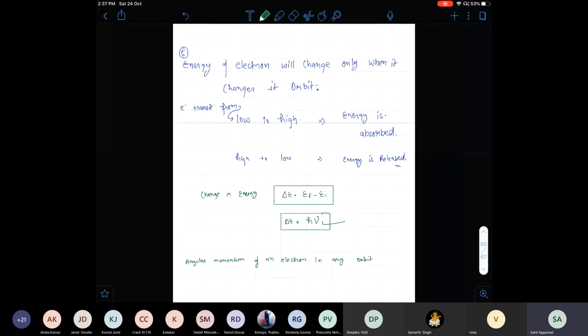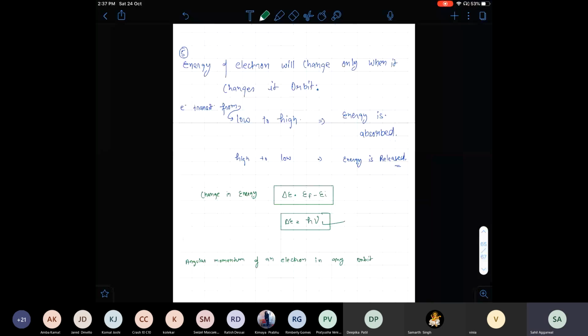Komal, I just said when an electron goes from a lower state to a higher state, or when it comes back from a higher state to a lower state, it will radiate energy or absorb energy.